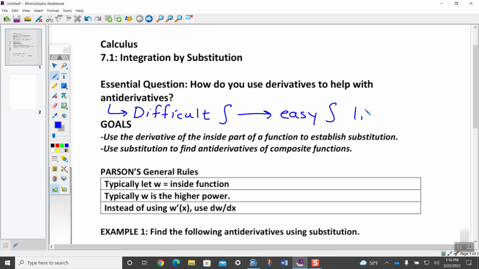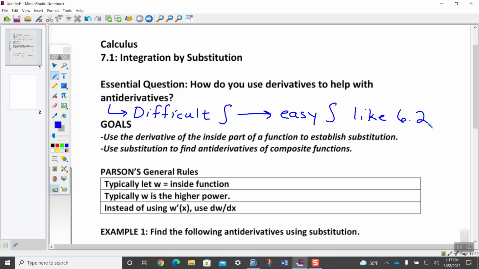Antiderivative like 6.2. Like in that 6.2 section, with all those rules in there for general antiderivatives, those are pretty easy general antiderivatives, aren't they? Okay, my job today is to show you a way in which we take a very difficult antiderivative and rewrite it so it's an easier antiderivative, like 6.2, and make it easier to solve.